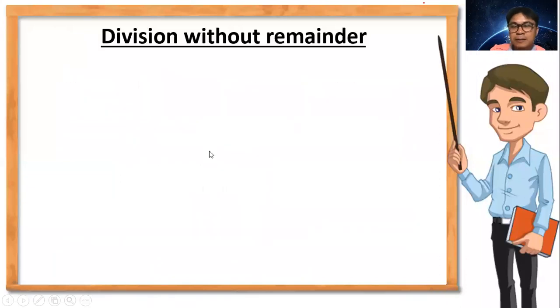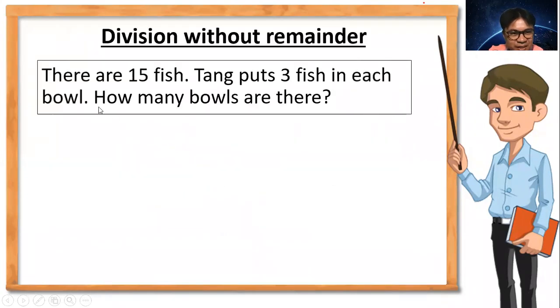Okay, let's continue here. So let's review division without remainder. So example here, there are 15 fish. Tang puts 3 fish in each bowl. How many bowls are there? Okay, so 15 fish, and then Tang puts 3 fish in each bowl.